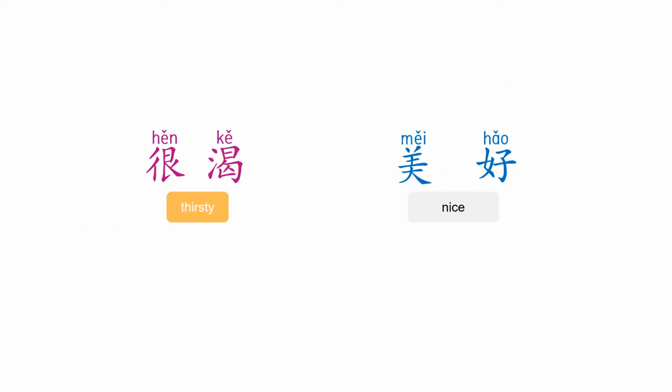Here are two words which also have the third tone change. The first one is 很渴. 很渴 means thirsty. Both the two characters 很 and 渴 have the third tone, so the pronunciation of the first character 很 should be changed into the second tone 很渴.